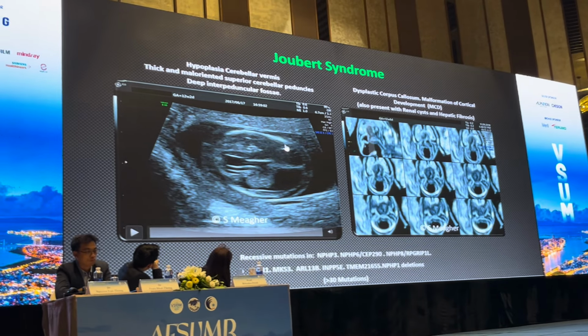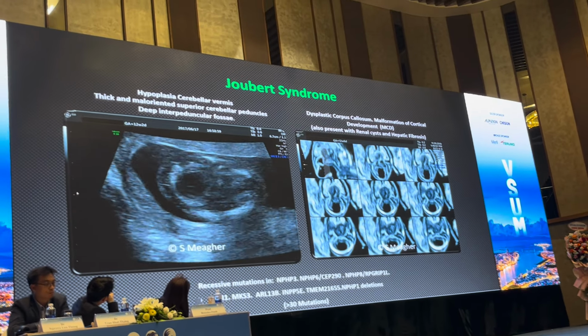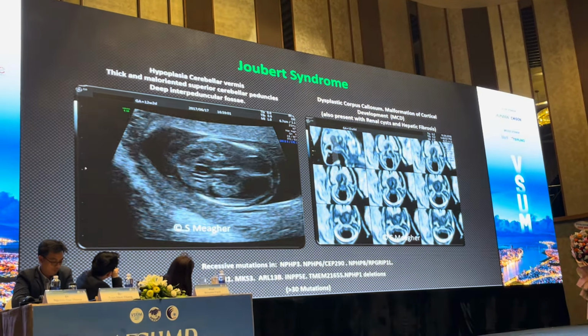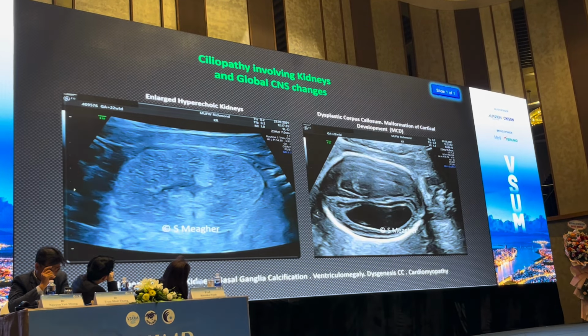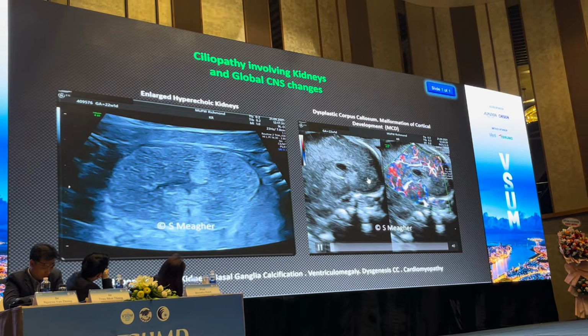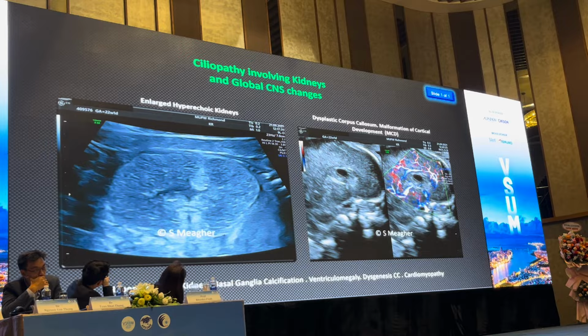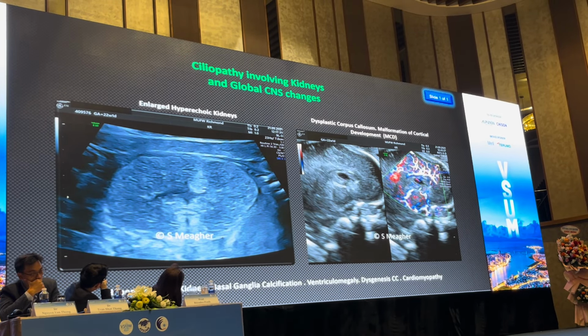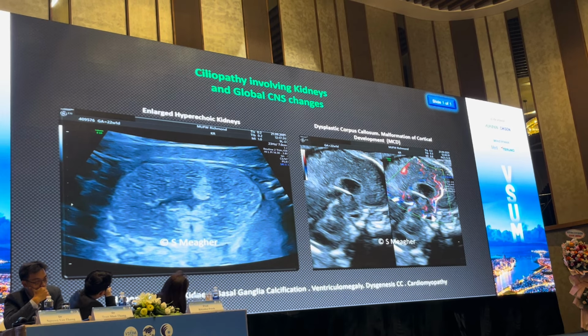Remember, Joubert syndrome is a ciliopathy, and therefore you need to go on to evaluate the kidneys, looking for cystic change within the fetal kidneys. And as part of the ciliopathy, you will see ventriculomegaly, and you will see a baby with a dysplastic corpus callosum, that streaky change which I spoke about, with corpus callosum dysplasia.